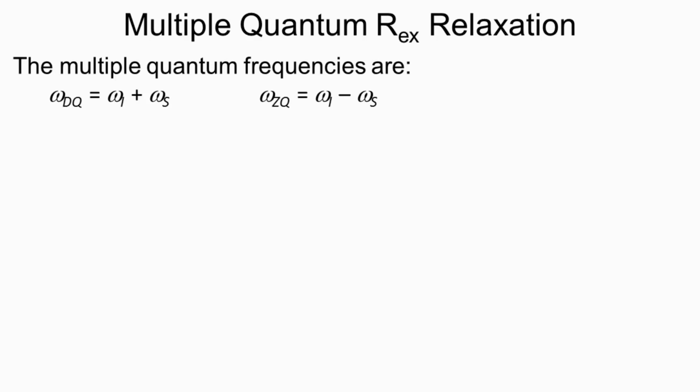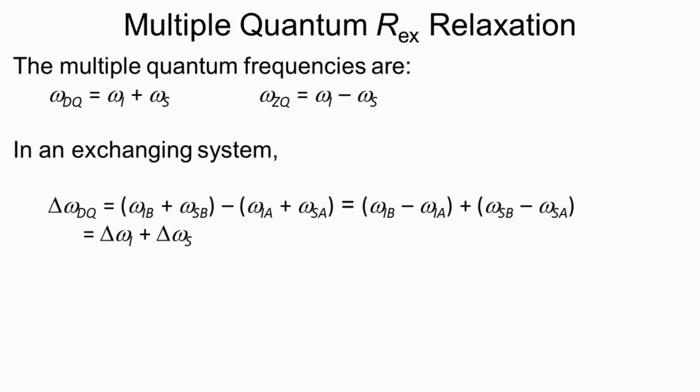So now, if the molecule is jumping from state A to state B, and we have double quantum coherence, we simply have a jump between the double quantum frequency in state A and the double quantum frequency in state B. So the frequency difference now is just the difference in the two double quantum frequencies.